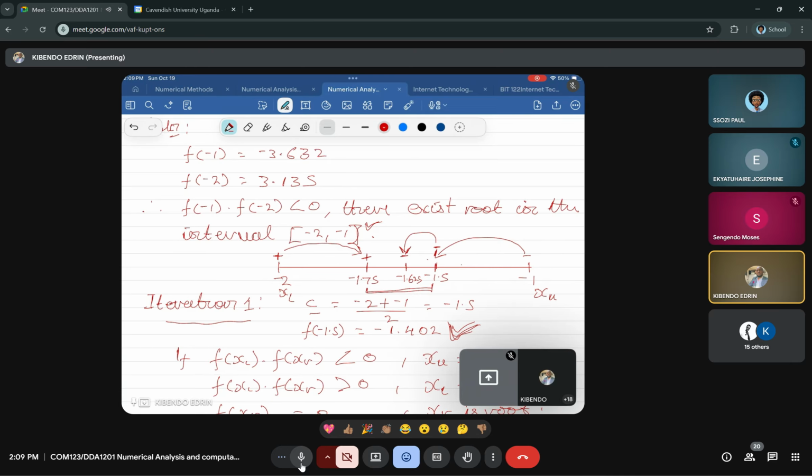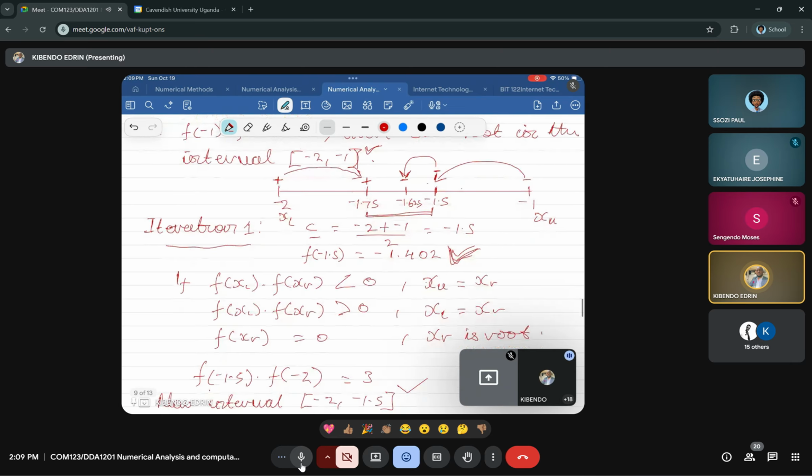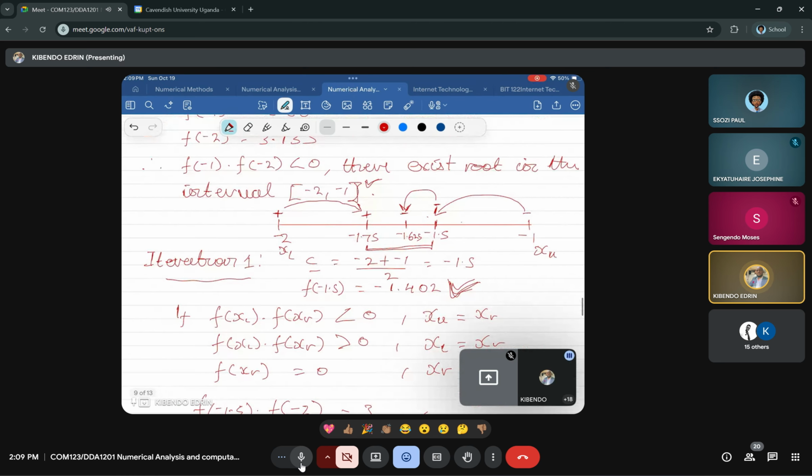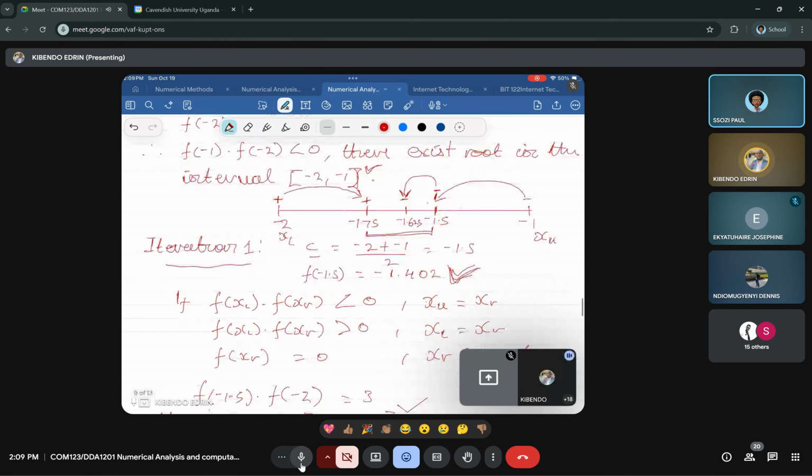Even if we chose this 0.533, does it lie anywhere between these two? So the actual root is where the function is 0 on the x-axis. This C is us trying to estimate the root itself.